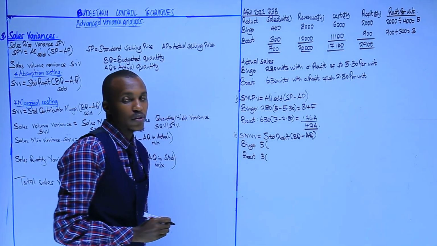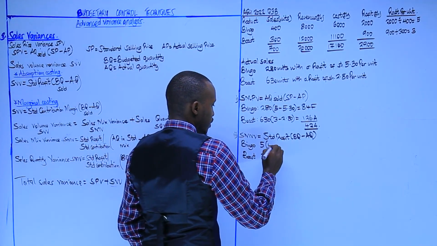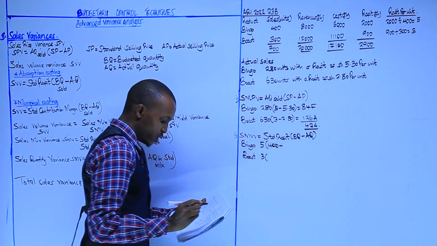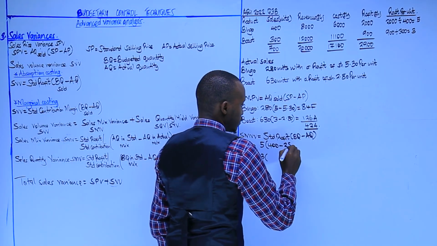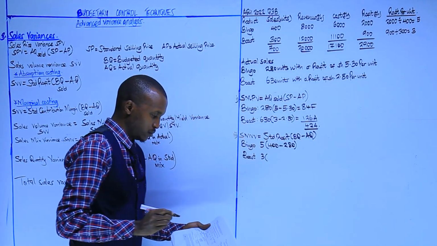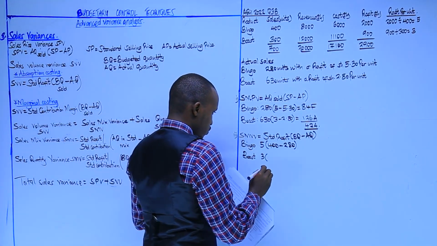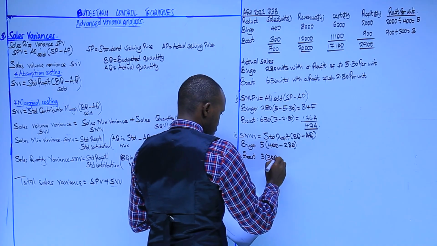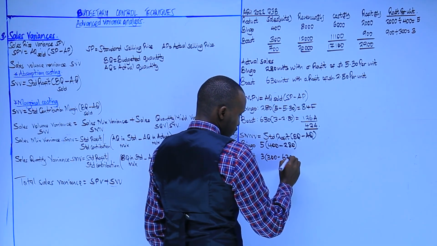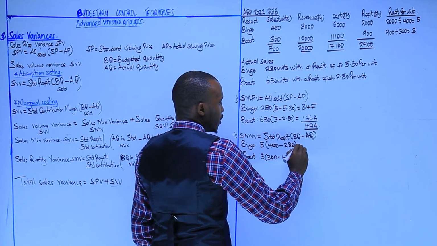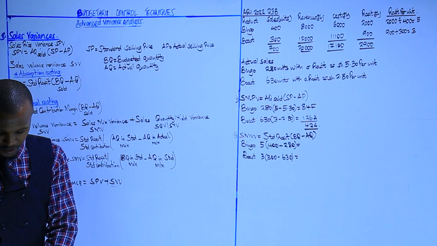Your budgeted quantity sold was 400, compared with an actual quantity sold of 280. For Boost, budgeted quantity sold was 300, compared with an actual quantity sold of 630.